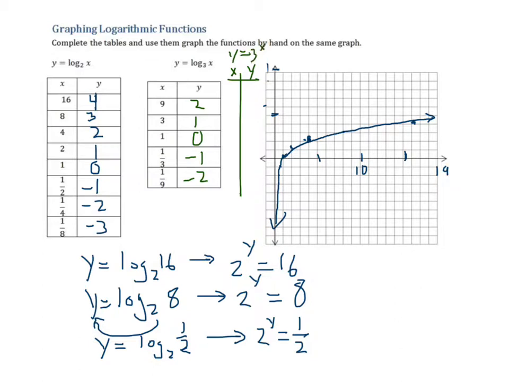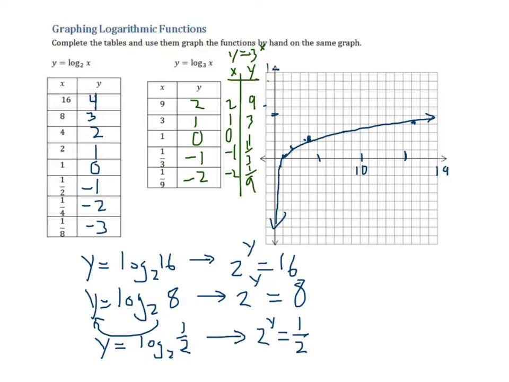When x is 2, 3 to the second is 9. And when x is 1, 3 to the first is 3. When x is 0, 3 to the 0 is 1. When x is negative 1, 3 to the negative 1 is 1/3. When x is negative 2, we get 3 to the negative 2 is 1/9. So we're just taking this table here and flipping these around because the logarithm is the inverse. So these are nice and neat, and these are the powers that we get.